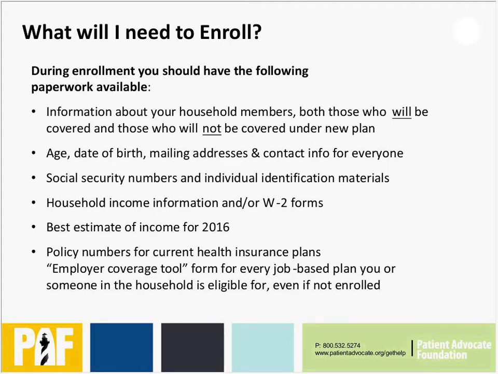You need the age, date of birth, mailing address, contact information for everyone, Social Security numbers and individual identification materials, household income, W-2 forms. You really do need a good estimate of your 2016 income for your household. I know that's difficult for some people to predict, but it is important that you have at least some sort of estimate so that they can calculate your eligibility for financial assistance. And then policy numbers for current health insurance plans. If you do have current health insurance, they're going to want to know about that.